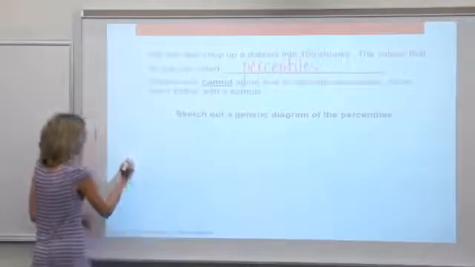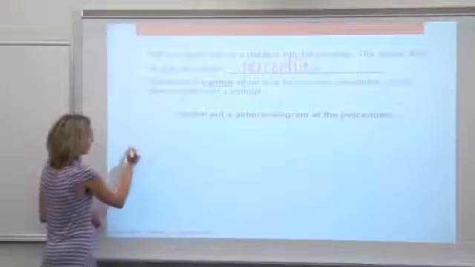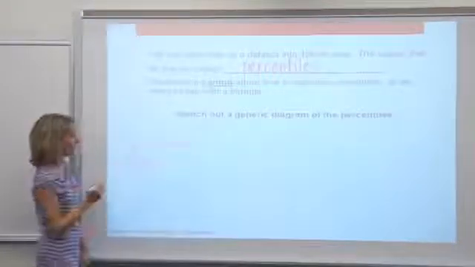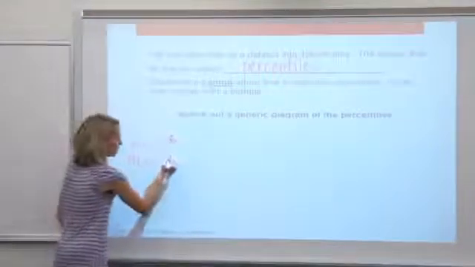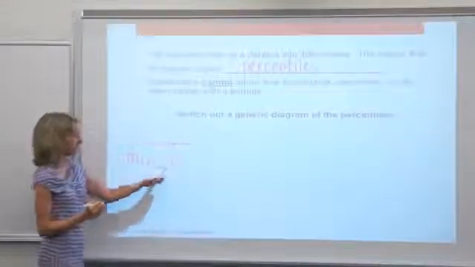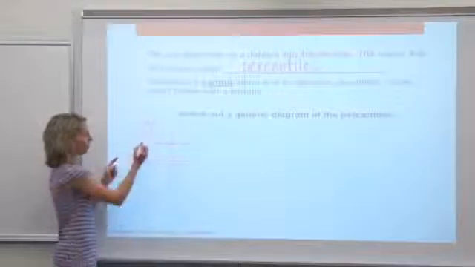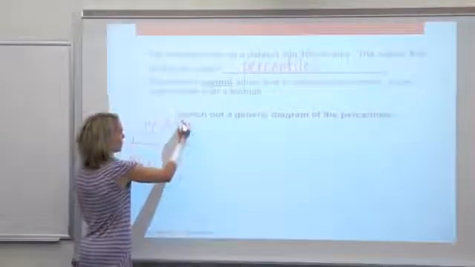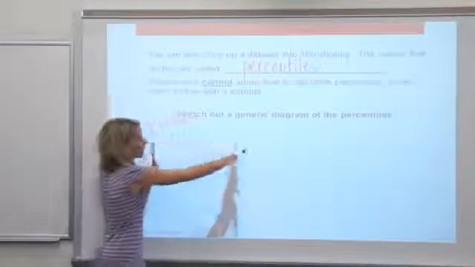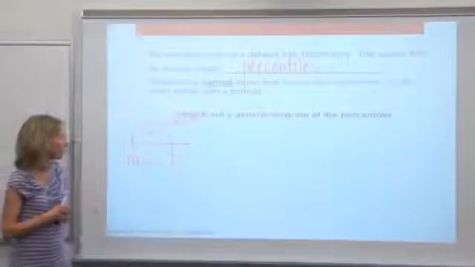So if this was the smallest value in a data set, we could start to look at our data. The first percentile, if that was here, that would mean that 1% of the data would fall below that value, and the other 99% would fall above that value.